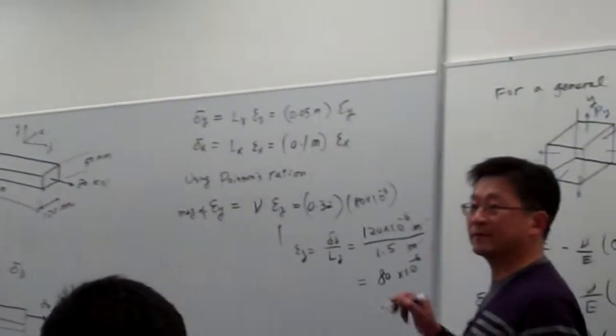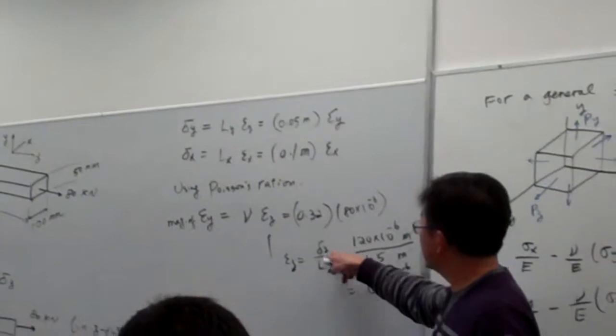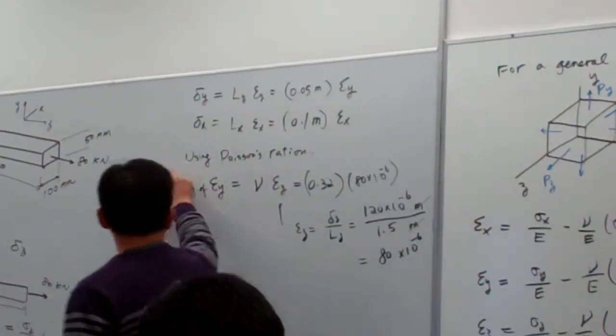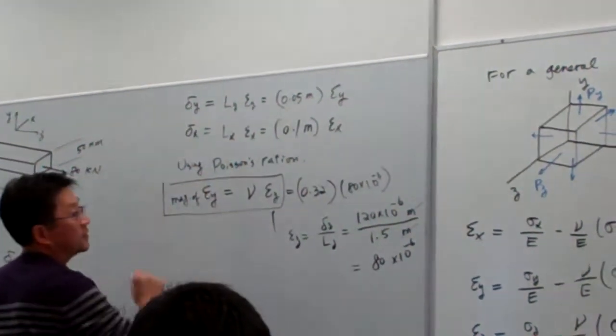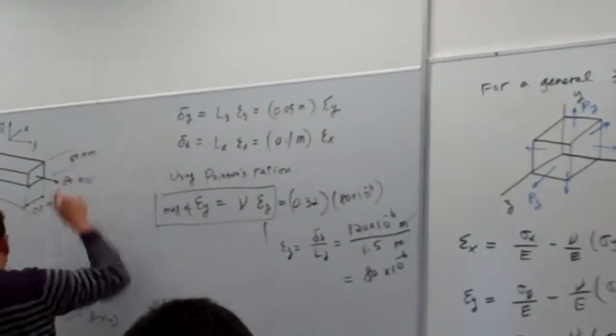How did you get the equation epsilon y equals mu times epsilon z? That comes from our Poisson ratio.